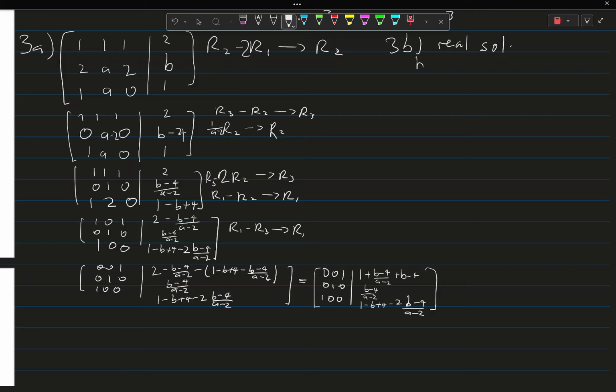so we have 0, 1, 0, B minus 4 over A minus 2. A minus 2 can't equal 0, so A can't equal 2. And this checks out because in our original matrix we had 2, A, 2, 1, 1, 1.